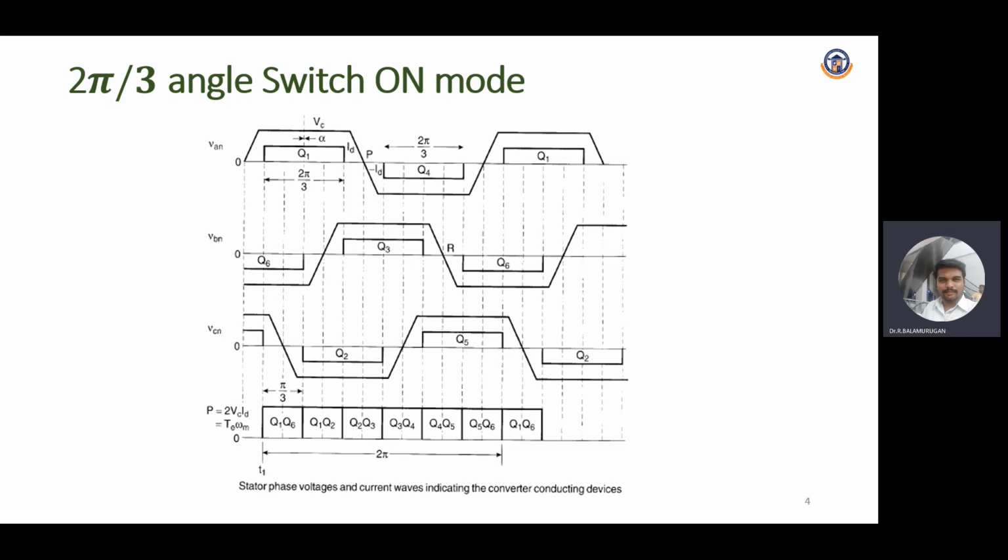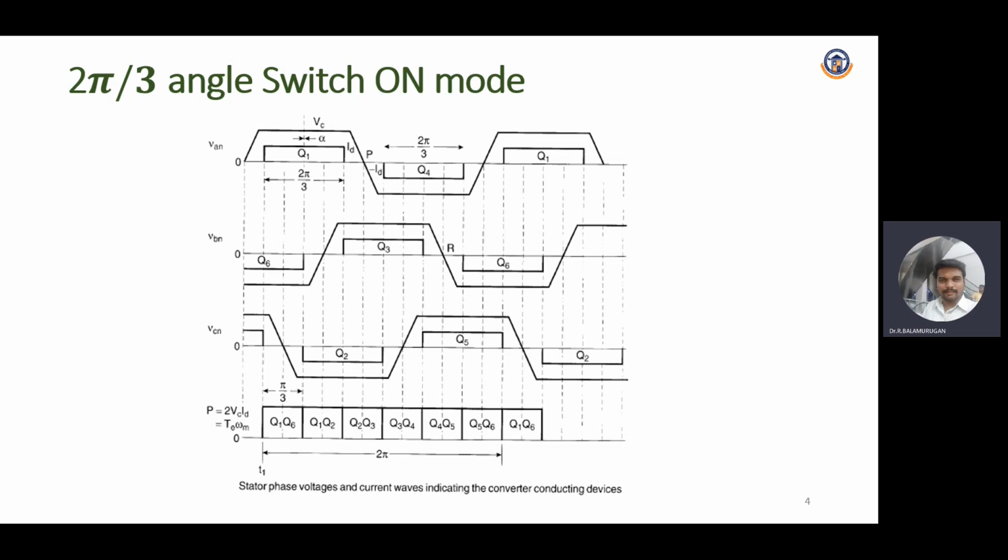The interval taken for each sequence is pi by 3, which is 60 degree. So the switches will be connected for 2 pi by 3 and the interval of every switch will be pi by 3. So here we will get a sequence of 2 switches connected in every interval.